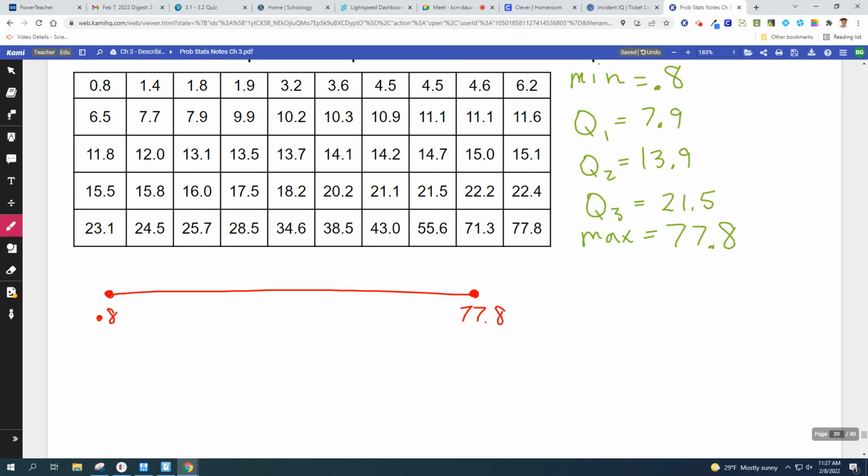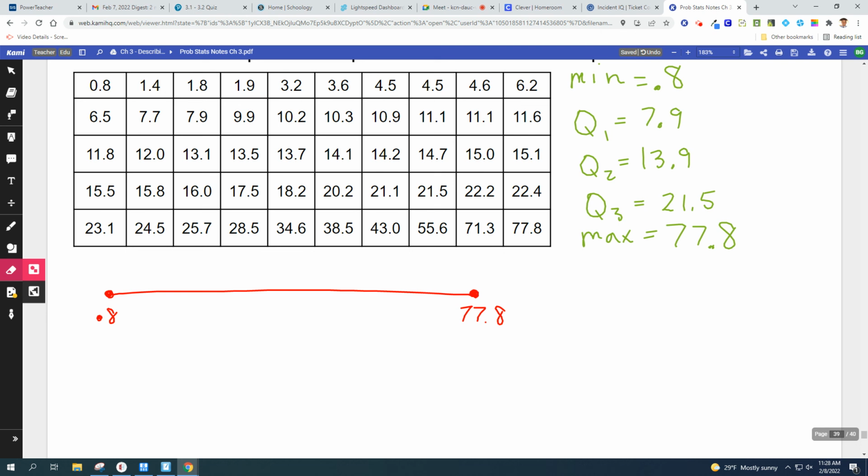Now, I think the hardest part about this is just positioning the numbers where they would need to go. We wouldn't put 13.9 right here on a number line because that's not halfway in between 0.8 and 77.8. So don't put it in the middle. You can eyeball it a little bit, but you don't want to put it in the middle because 13.9 is not in the middle.